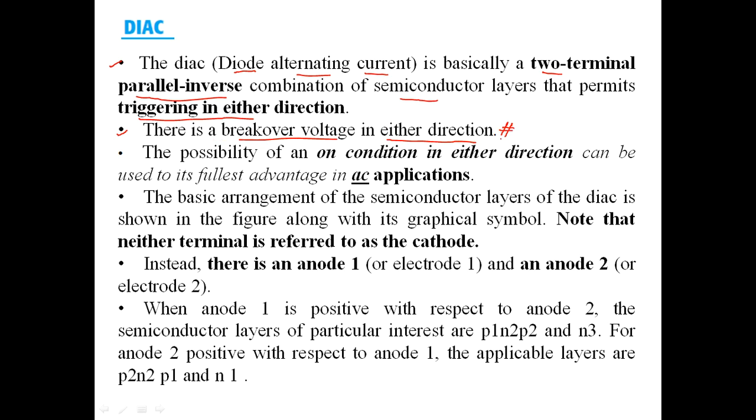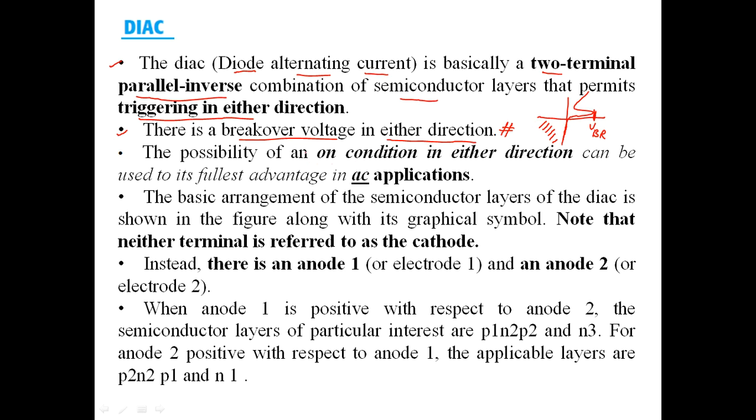In the case of an SCR, we had a breakover voltage especially in the forward characteristics. If I plot it, the SCR behaved like this, wherein this particular stage is called the forward breakover voltage. Now what if we obtain similar characteristics in the third quadrant also? That would be really wonderful.